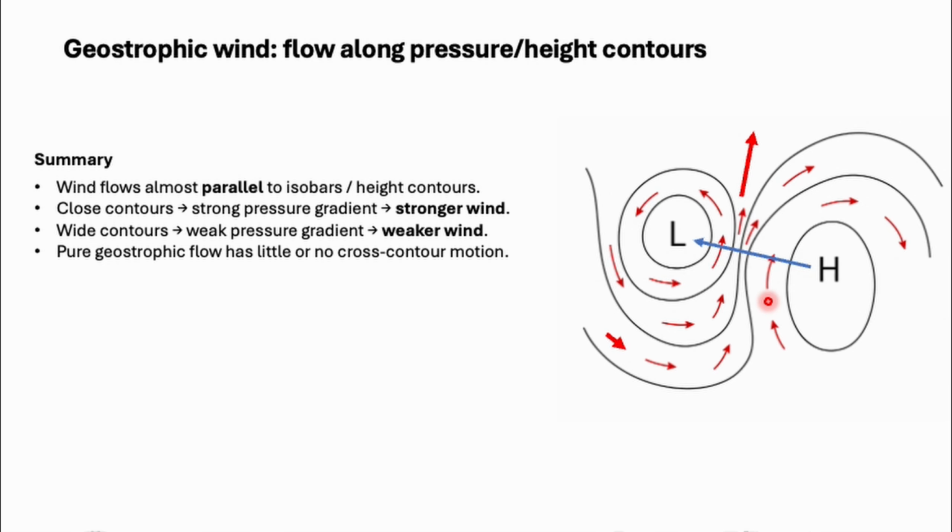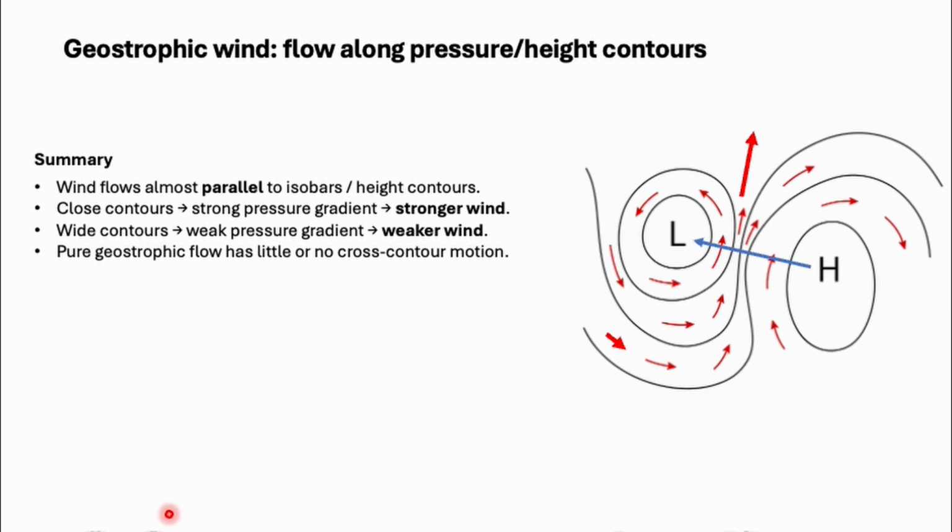The pressure systems are still connected, but the direct redistribution of air masses through convergence and divergence becomes very limited. This tells us something important. A perfectly geostrophic atmosphere cannot by itself explain how real high and low pressure systems intensify, weaken, or produce substantial vertical motion.